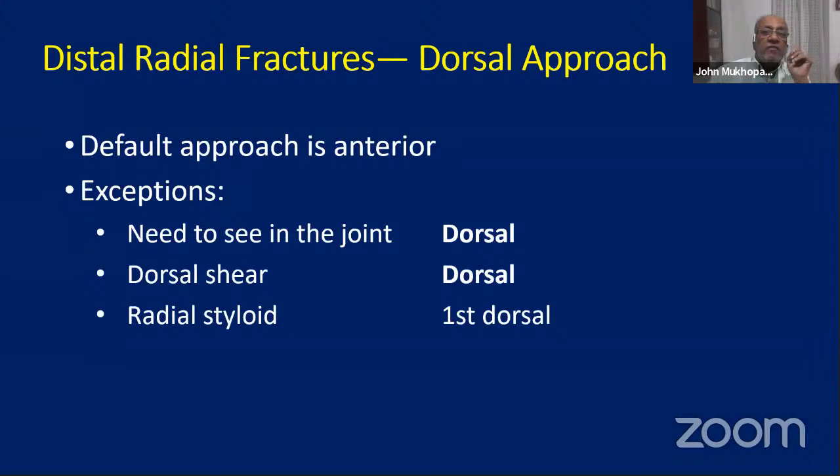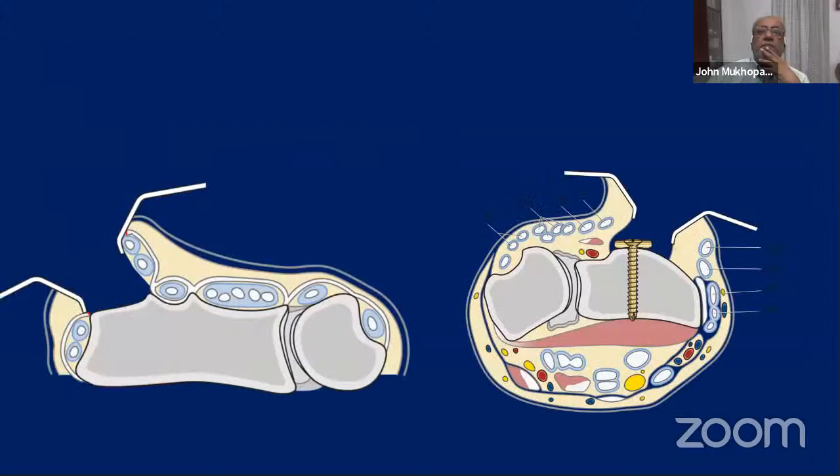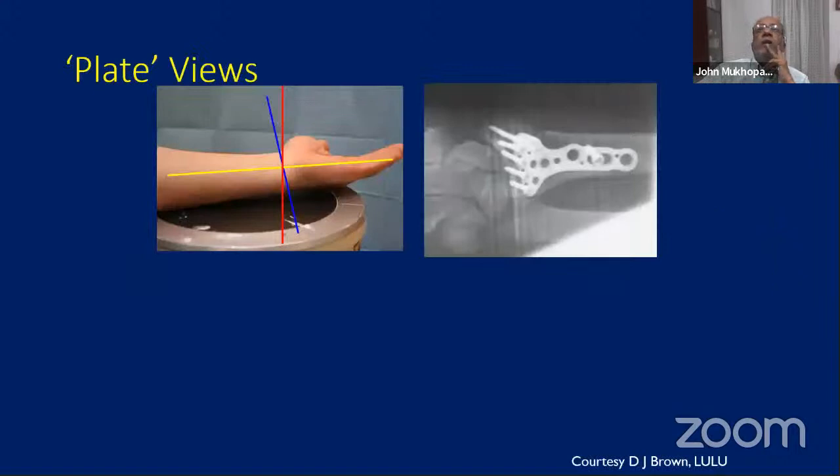Like I said, if you have a dorsal shear fracture, especially involving the intermediate column or the lip or rim of the dorsal column, those would need an approach from the dorsal side, and some radial styloids, although you can approach the radial styloid from the volar side as well. Now, depending on where you need to fix it, you can go between the first and second compartments, or between the third and fourth compartments. So it depends on that.